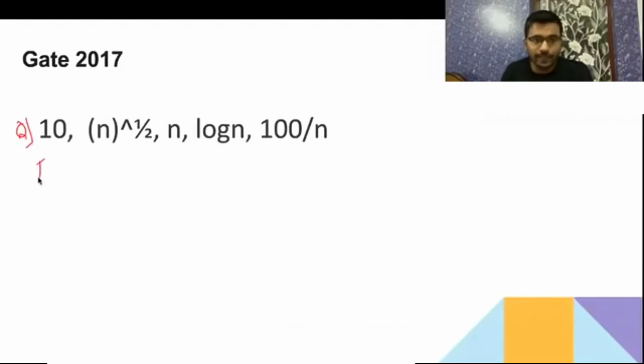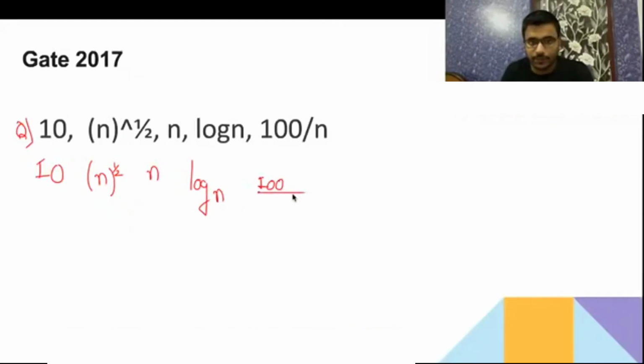So you can take it, it is 10, it is n to the power half, that is root n, and n, and here it is log n, and here it is 100 by n.